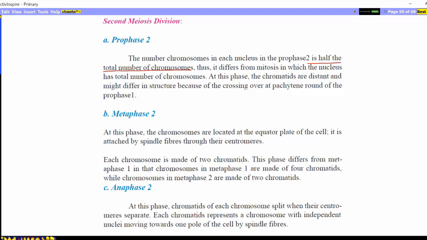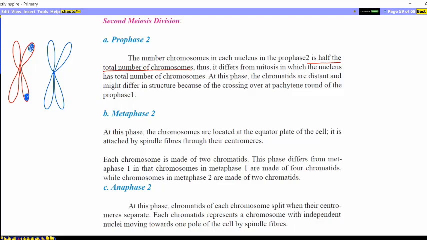At this phase, the chromatids are distant and might differ in structure, because of crossing over which happens in prophase 1 of meiosis.